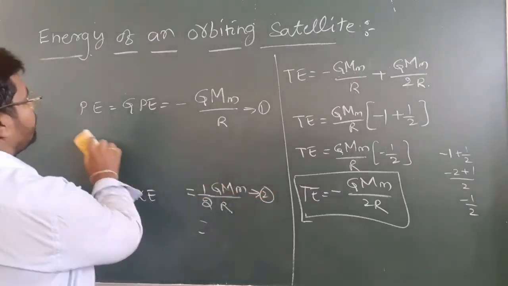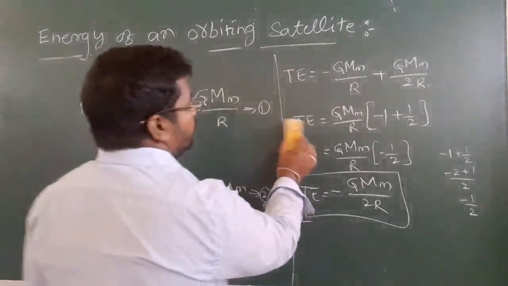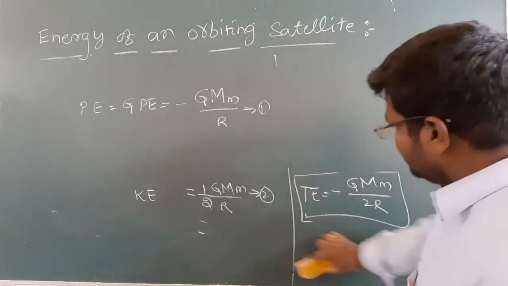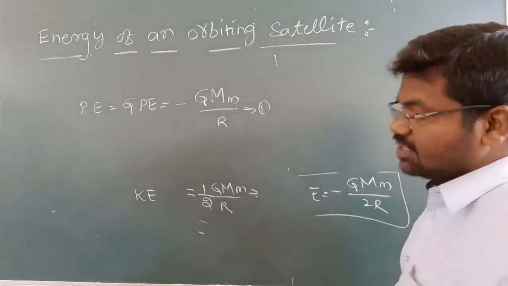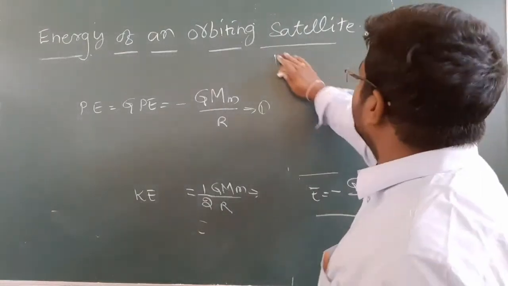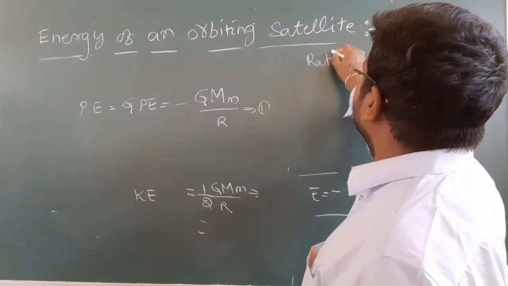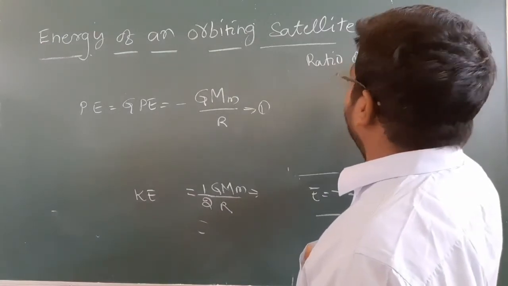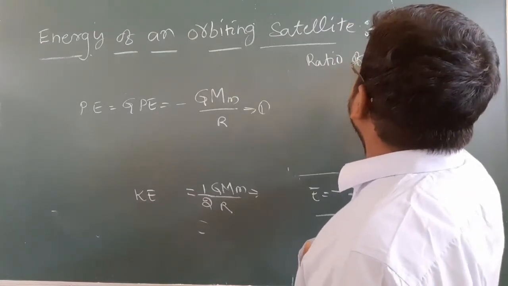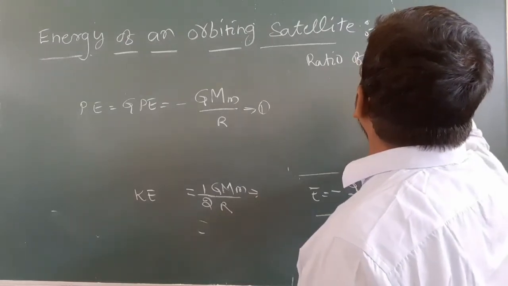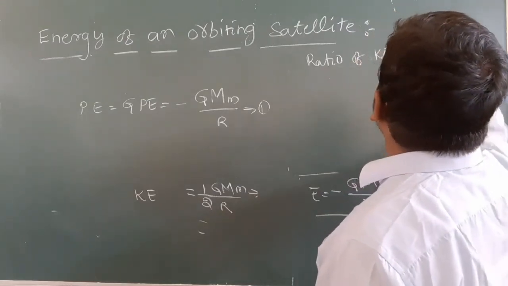So now this is the total energy. Kinetic energy is there, potential energy is there. What is the ratio of kinetic energy, potential energy, and total energy?